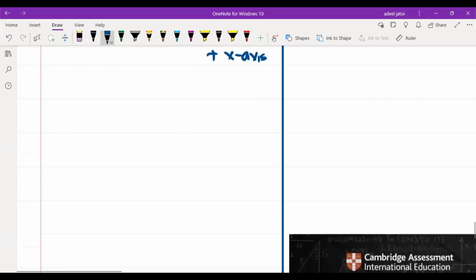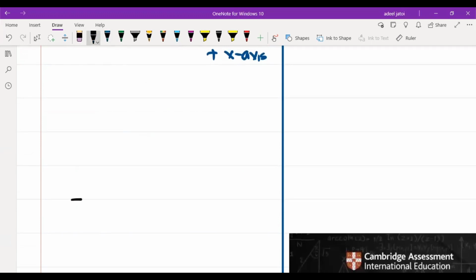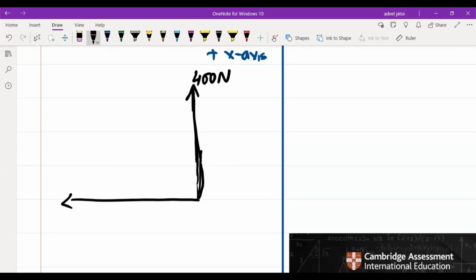On the other hand, we can have another example of such a question where we have a force towards the left and, let's say, towards the north. Towards the north, the force is going, which is 400 Newton, and this is 300 Newton. So obviously, a resultant force will go towards this side.